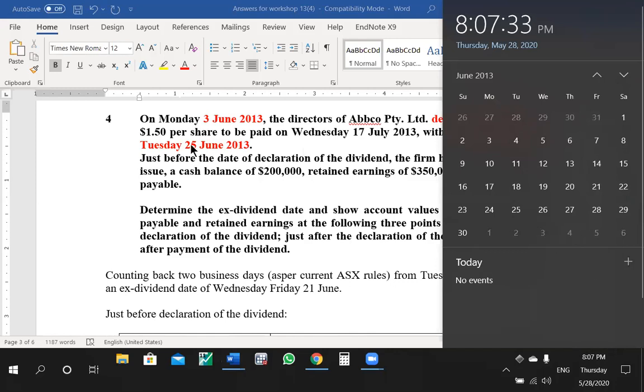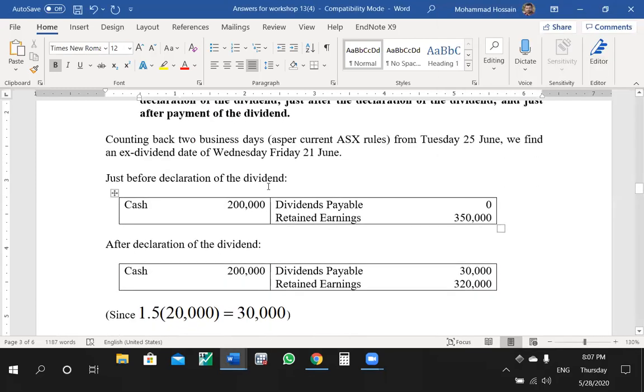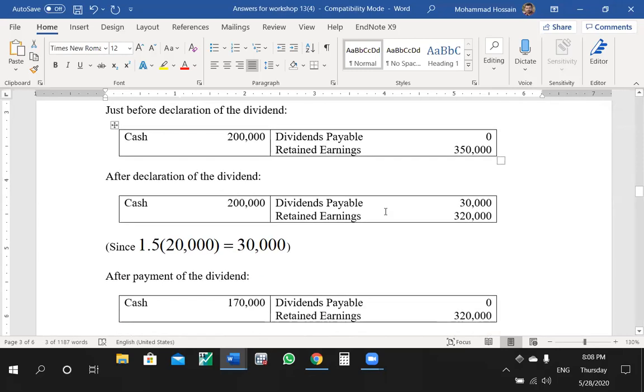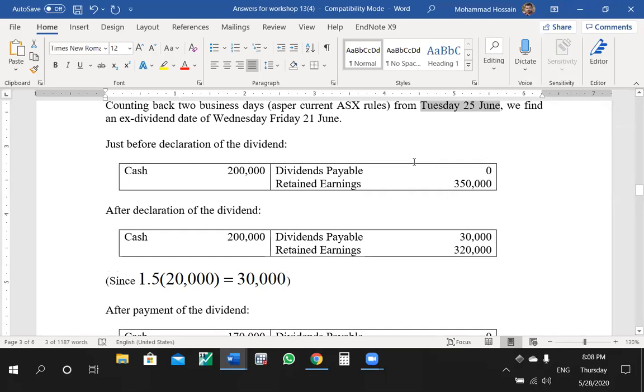Okay, that's fine. June 25th is Tuesday. Monday is 1 day. Sunday off. Saturday off. 21st. Make sense? 21st will be your ex-dividend date. Here we go. Anyway, now we have to show you here how our double entry works.